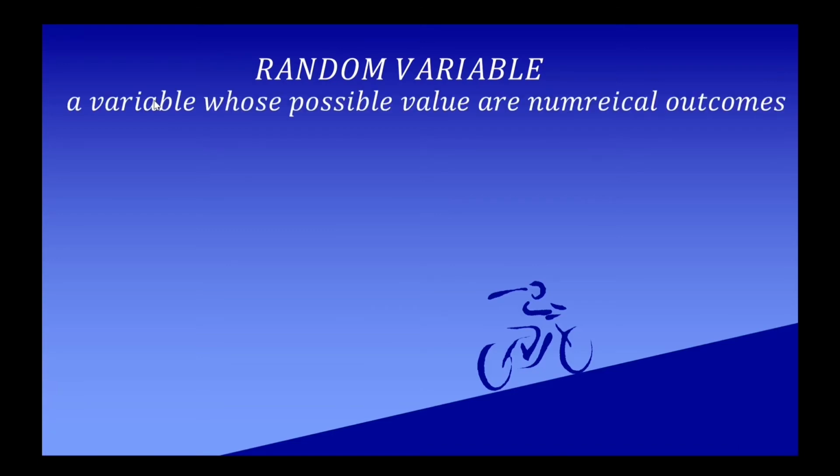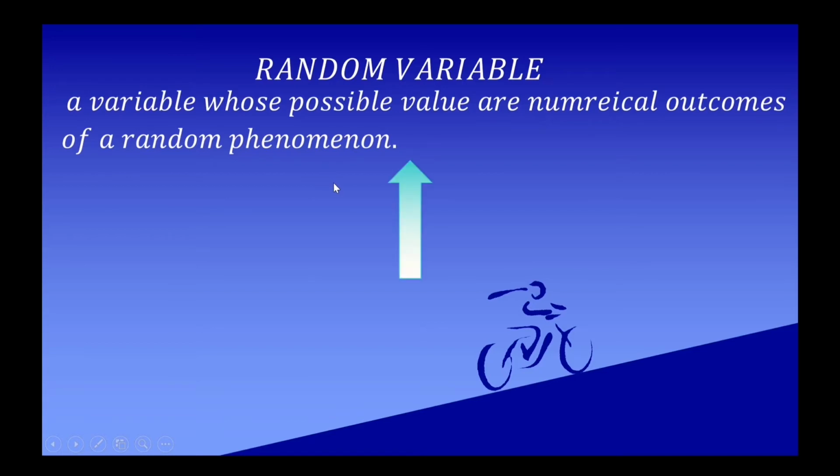A random variable is a variable whose possible values are numerical outcomes of a random phenomenon. A random phenomenon is determined by the outcome of a statistical experiment where all the possible outcomes are set.